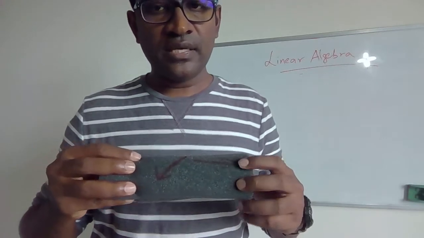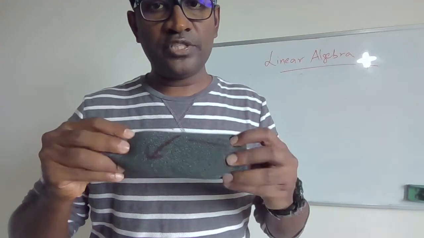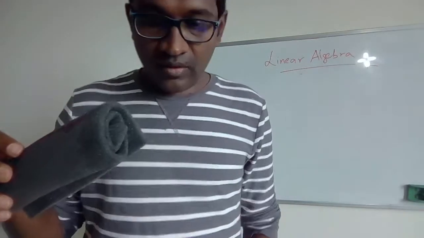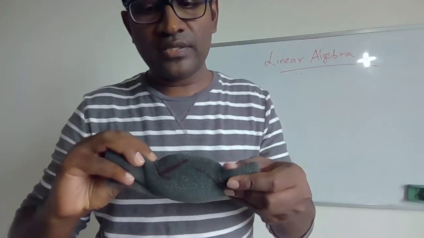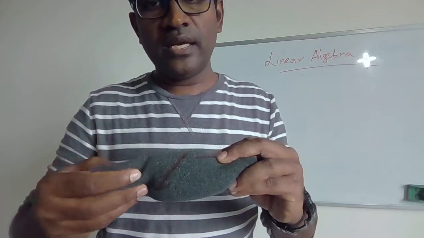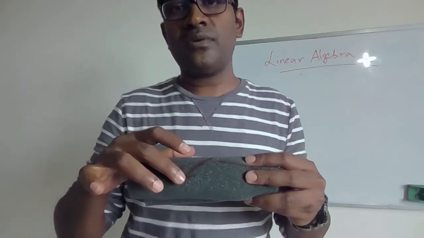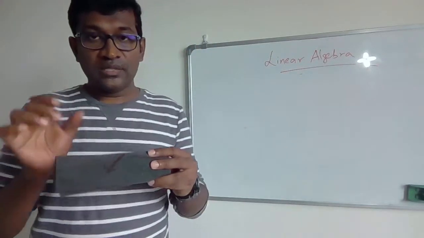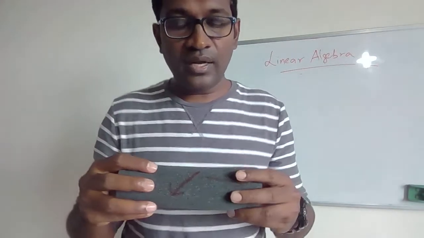And if you look at this vector, it does not change its direction. It either expands or shrinks, so it is either scaling or shrinking. So these are special vectors, which are called eigenvectors. The ratio by which it expands or contracts is called the eigenvalue.